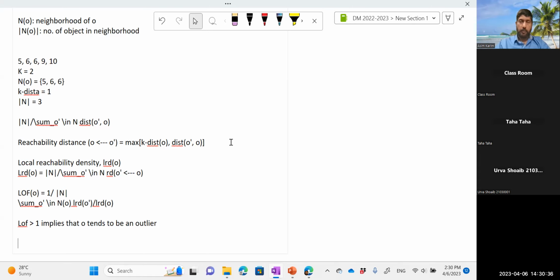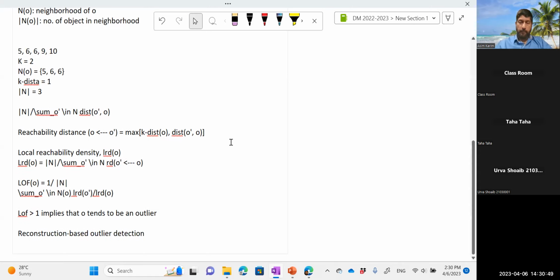Now let's talk about a reconstruction based technique. Reconstruction based outlier detection has become more popular in recent years and it's also popularly used in the industry. The most common approach within this category uses a neural network, which we call an auto-encoder.